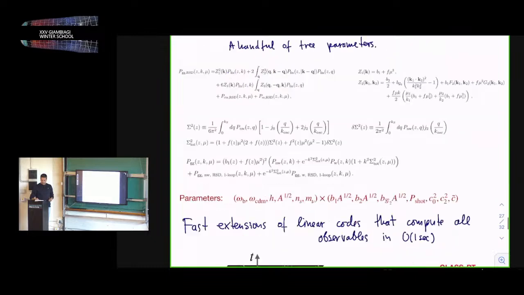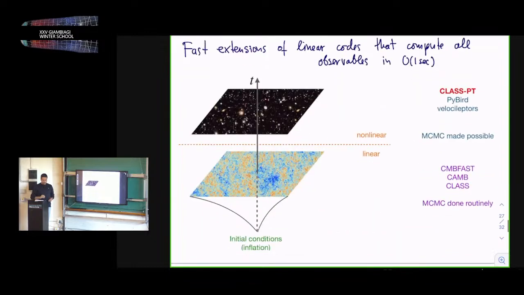Okay, so let's see how well it works. First of all, you should probably go through this calculation a little bit, but you don't have to sit down and build the whole machinery by yourself. There are a couple of publicly available codes which are very simple to use.